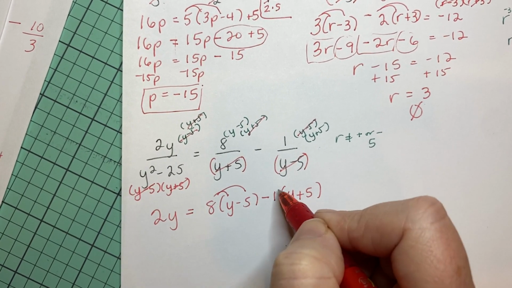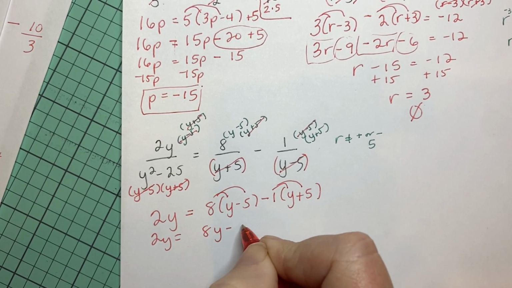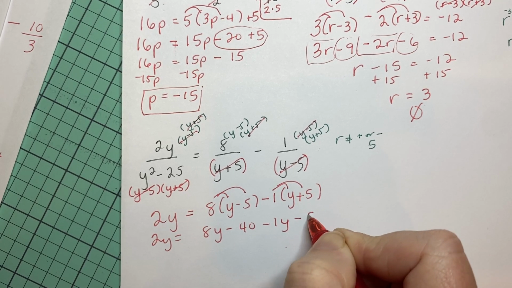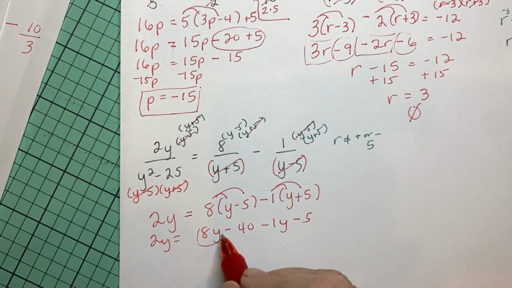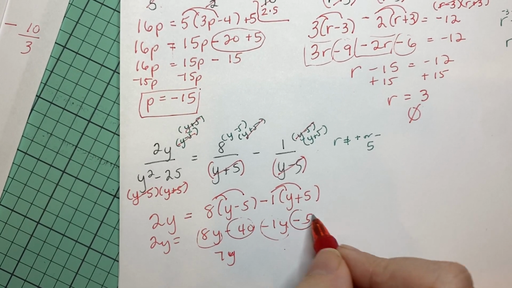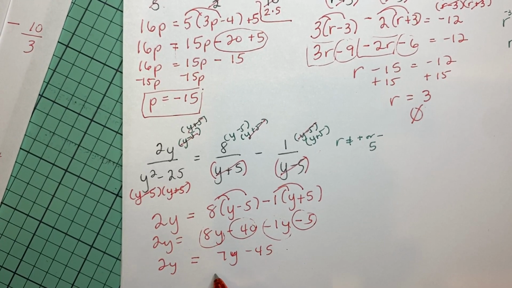Now we're going to get rid of our parentheses. So 2y equals 8y minus 40 minus 1y minus 5. Remember when you distribute your negative. Combine like terms. This would give me a 7y, and this would give me a negative 45. Bring down the rest of the problem.